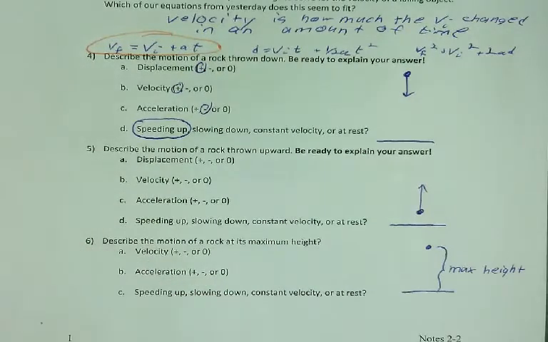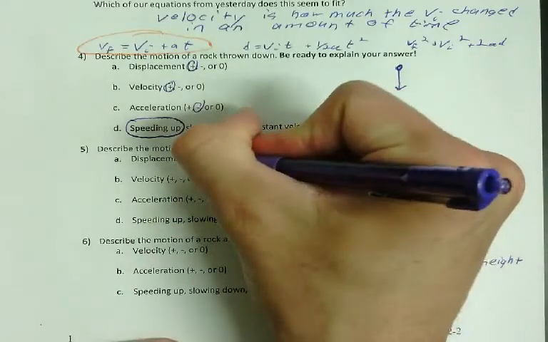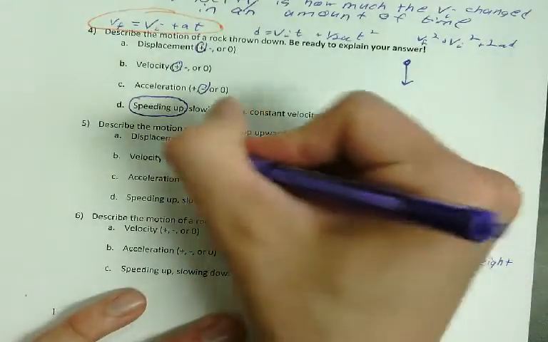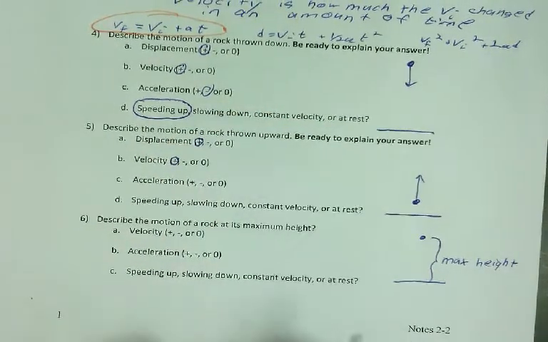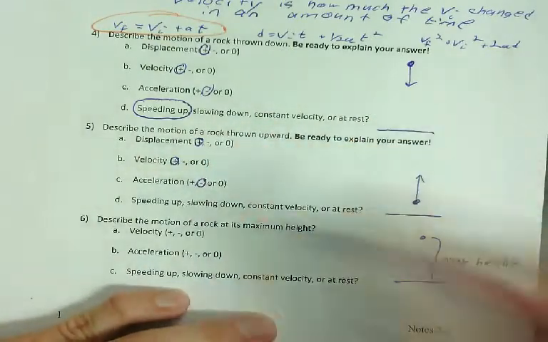All right, number 5. Gavin, what's the displacement? Positive, negative, or 0? Austin, what about the velocity? Macy, what about the acceleration? For number 5. And Jillian, what about what it's doing?